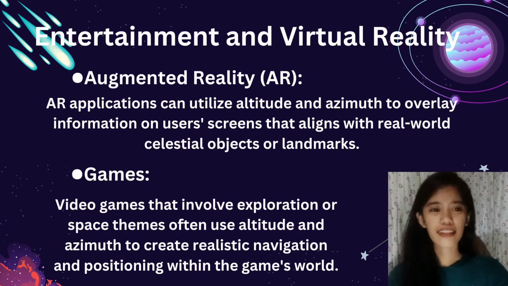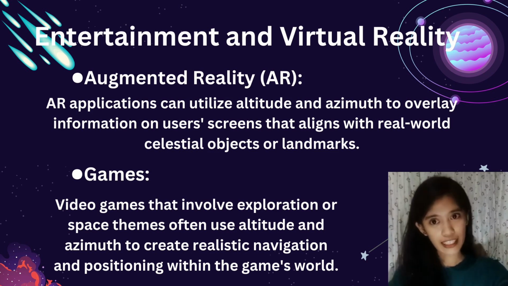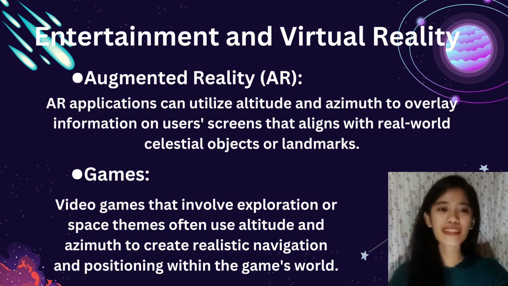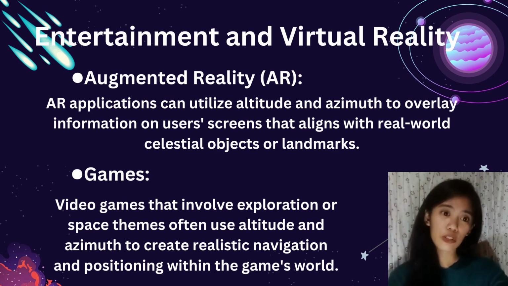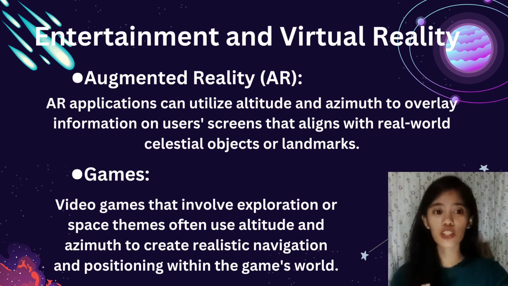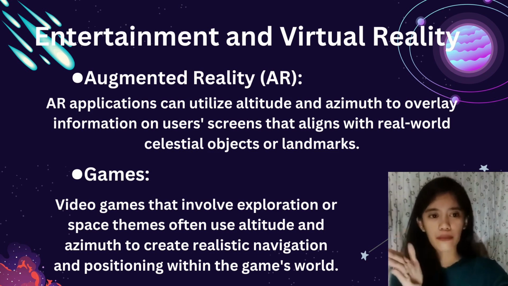Alright, lastly, entertainment and virtual reality. So, augmented reality or AR, which we mentioned earlier, AR applications can utilize altitude and azimuth to overlay information on users' screens that aligns with real-world celestial objects or landmarks.